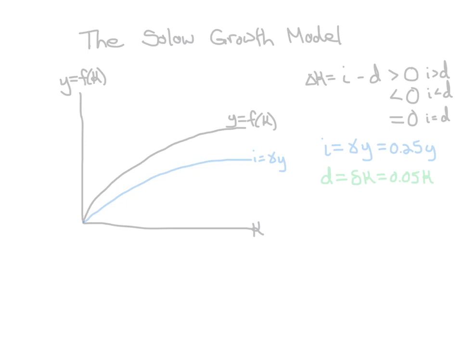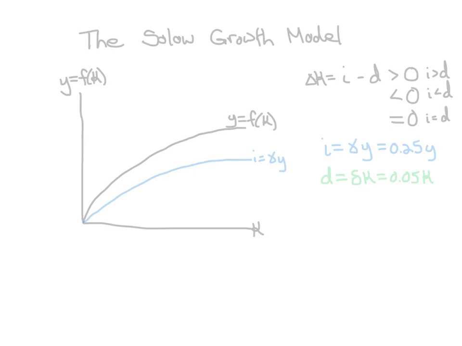So here, if we draw this depreciation on our graph, we want to draw a line that represents some fraction of capital per worker. So this k, this little k, that's what's on our x-axis. So we're just going to have a fraction of k. So this will be 5% of k.